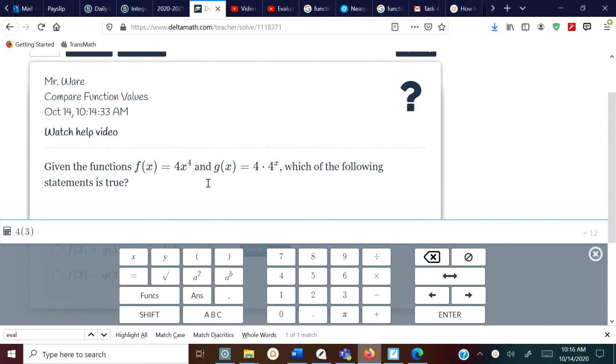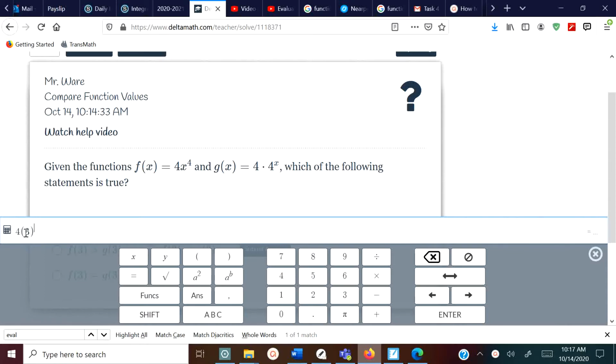The last thing I'm going to do for this 4 times x raised to the 4th is put the exponent in. I'm going to hit this a raised to the b, so it lifts up and I'm able to put in my exponent. See how that's lifted up now? Now that that's in there, I can type the 4.